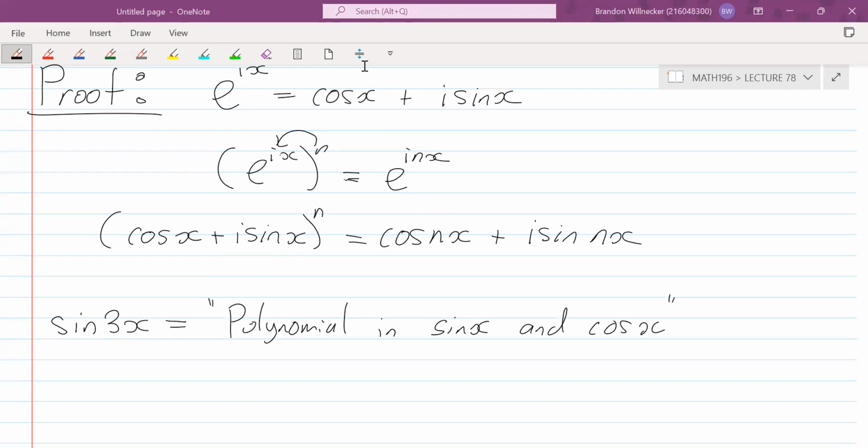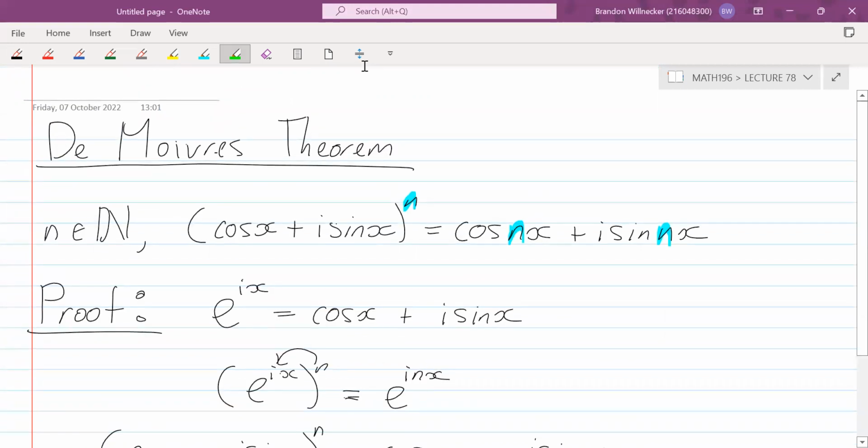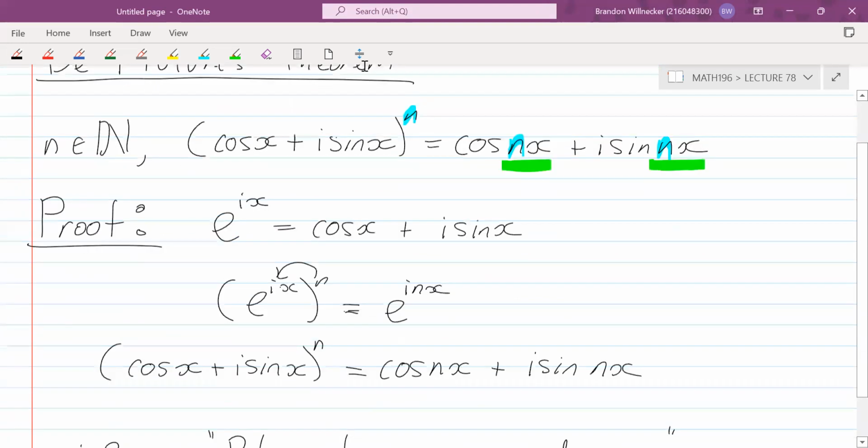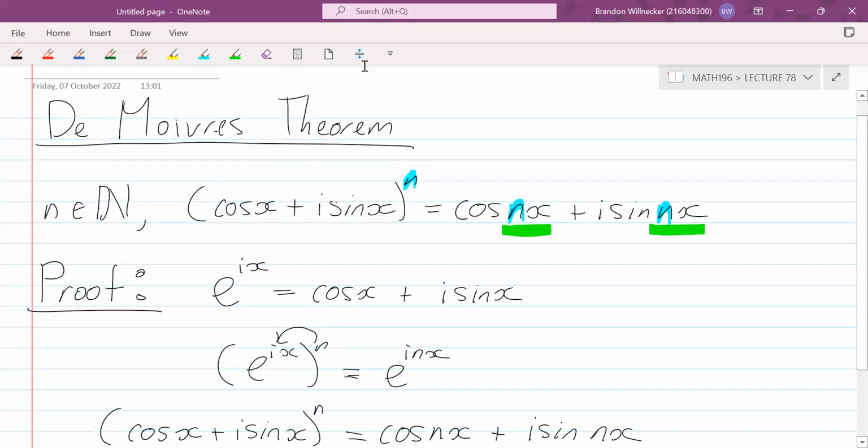So how do we do that? We're going to use this theorem, because on the right-hand side we've got cos nx + i sin nx. In our case, we just replace n with 3. That gives us one part of the right-hand side. We're going to expand out the left-hand side, and that's going to give us the polynomial we're looking for.